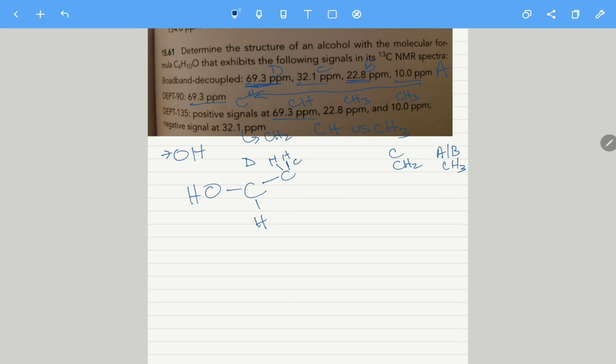And I see that I have a CH3 that is also a little bit close to the alcohol, but not directly attached to it. And we're going to talk about why these numbers are actually so different in a little bit. And then I have one more CH3 that's even further away. I'm going to say that's A.